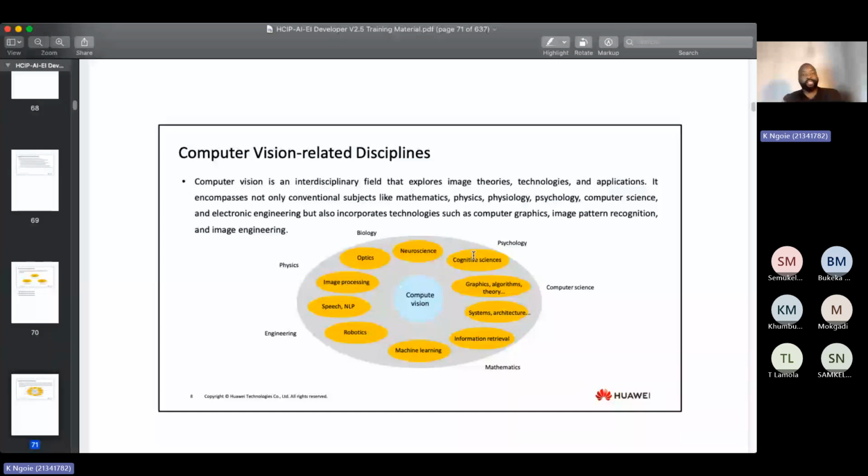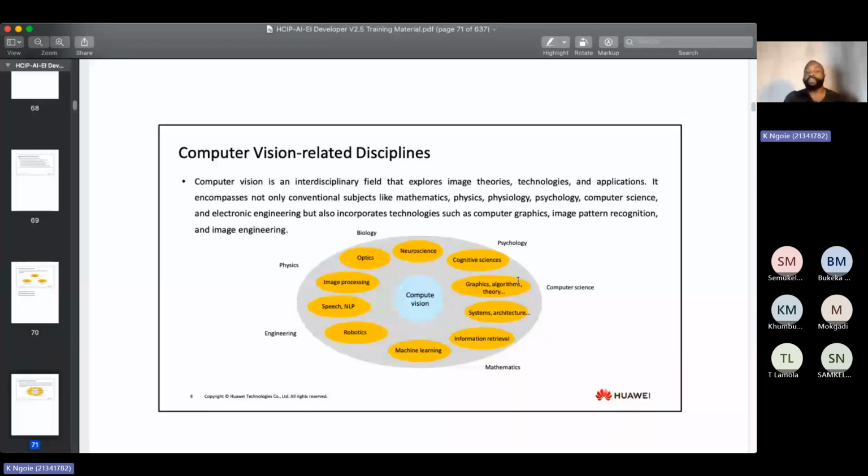fields that really get involved in computer vision, right? So you have, for example, neuroscience. How does neuroscience come into this? Because we understand the way the brain works, we try to imitate the same strategy and create algorithms for computer vision, right?